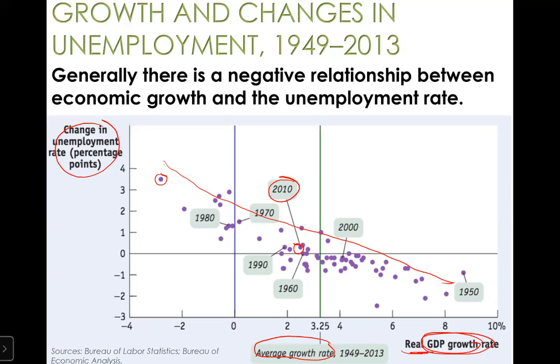That just means if GDP slows down, or if we have negative growth rate, then the unemployment rate will increase. On the other hand, if GDP growth rate is positive, the unemployment rate will decline. Okay.